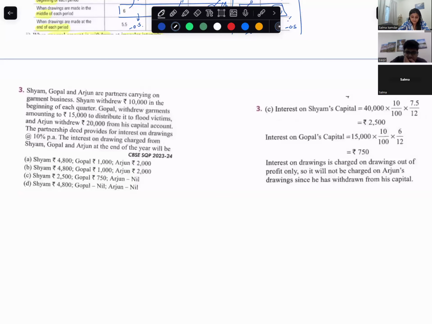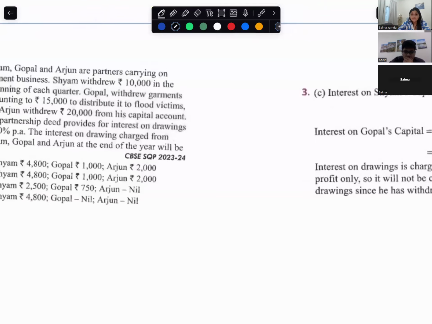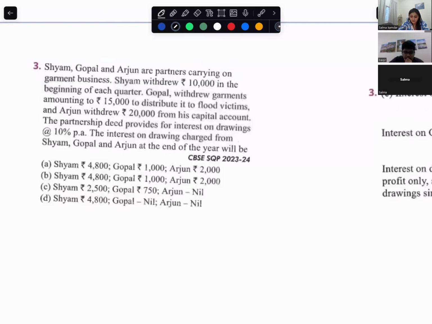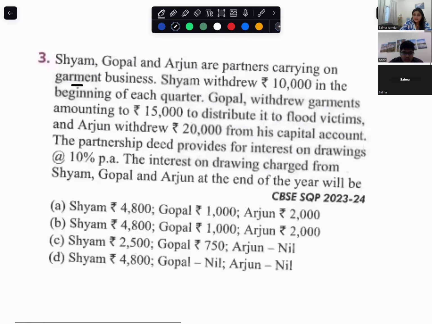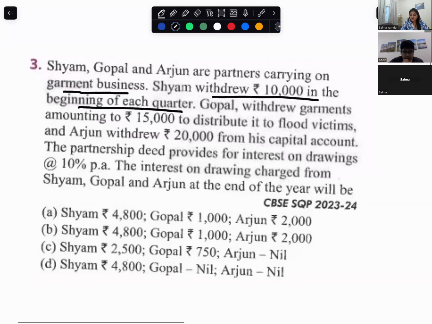Shyam, Gopal, and Arjun were partners who were carrying out which business? Garment business. Shyam withdrew 10,000 in the beginning of each quarter. Okay. 10,000 at the beginning of each quarter.